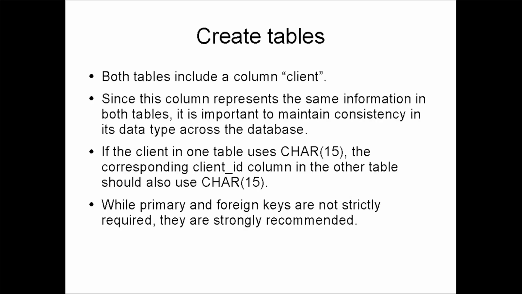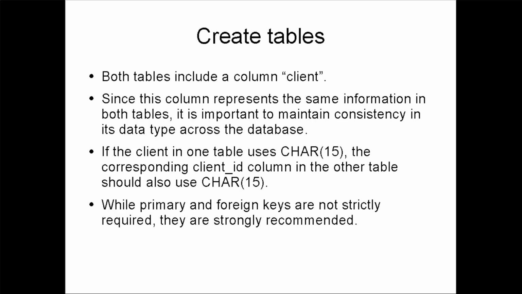In a relational database, consistency is key, especially when working with related tables. Let us look at the client column, which appears in the orders table, and references the client_ID column in the clients table. Since this column represents the same piece of information in both tables, it is important to maintain consistency in its data type throughout the database.